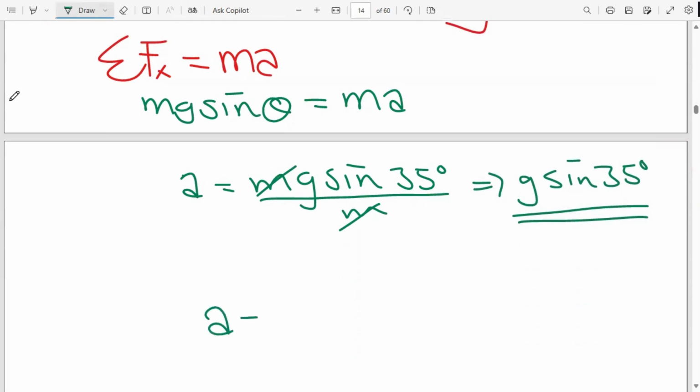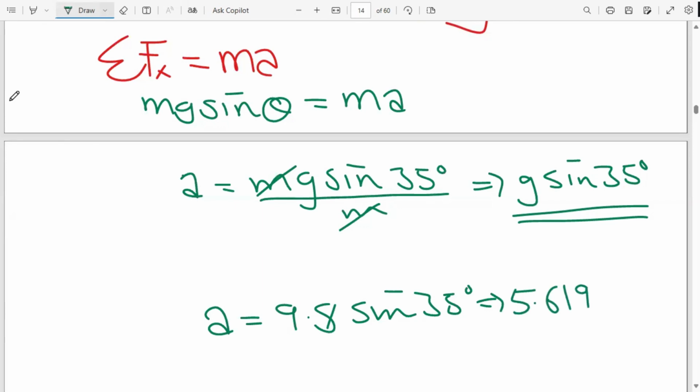The actual value of acceleration will be equal to 9.8 sine 35 degrees, and this is going to give us an acceleration of 5.619 meters per second squared. That, ladies and gentlemen, is the value of acceleration for question A, and that means we're done with question A.